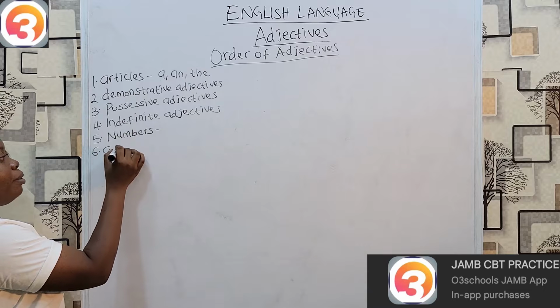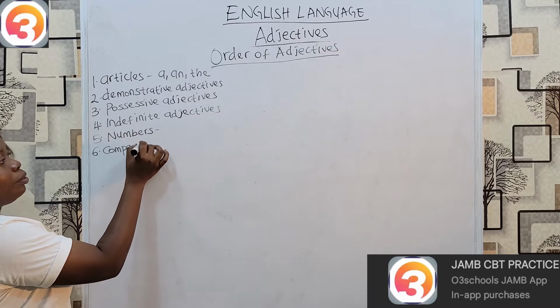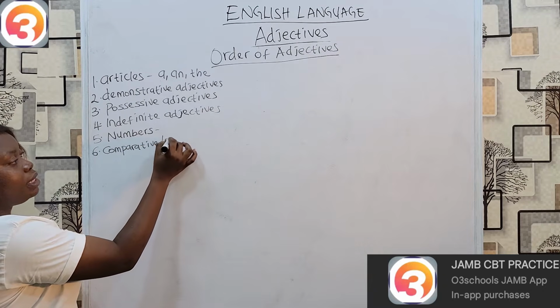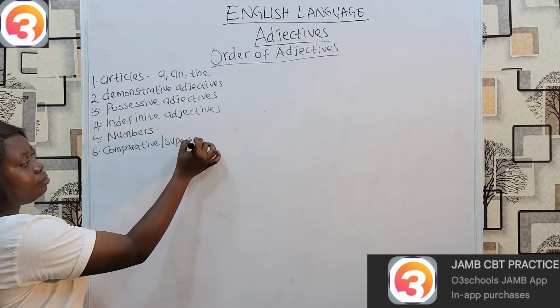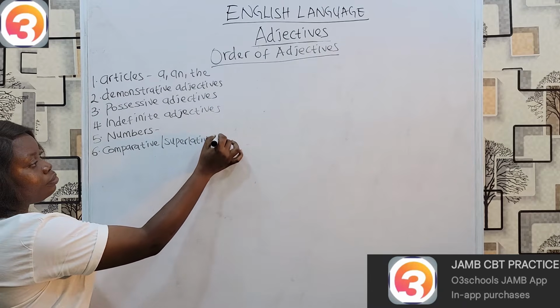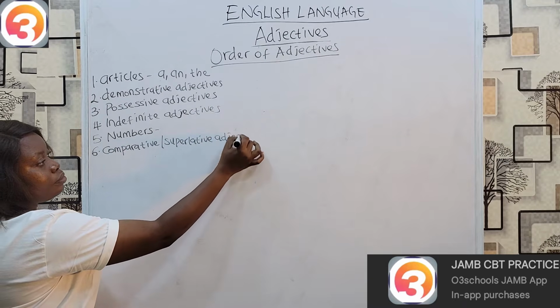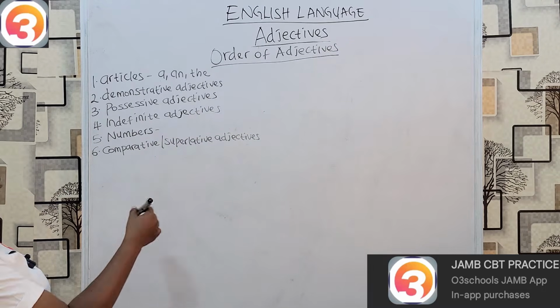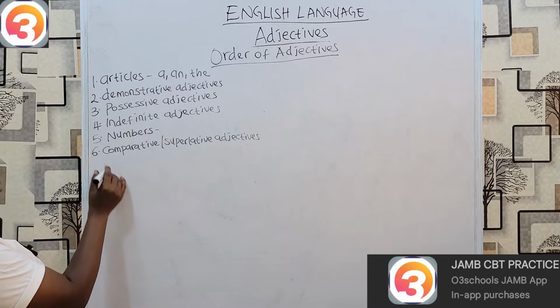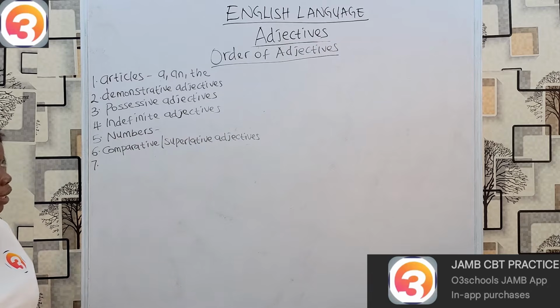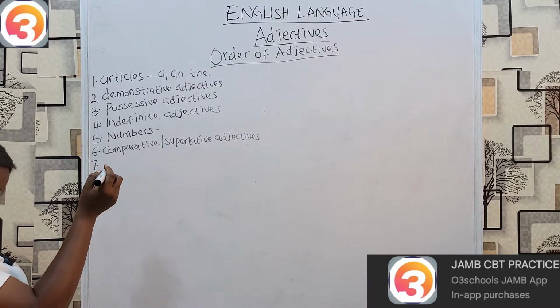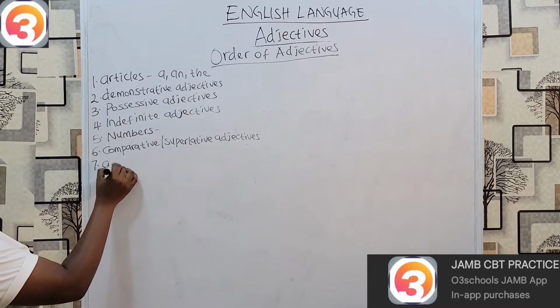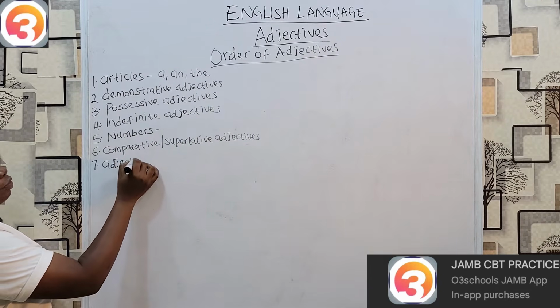Then if we have comparative or superlative adjectives, they should follow or they should begin, depending on how the adjectives are listed there. We also have adjectives that express the opinion of the speaker.